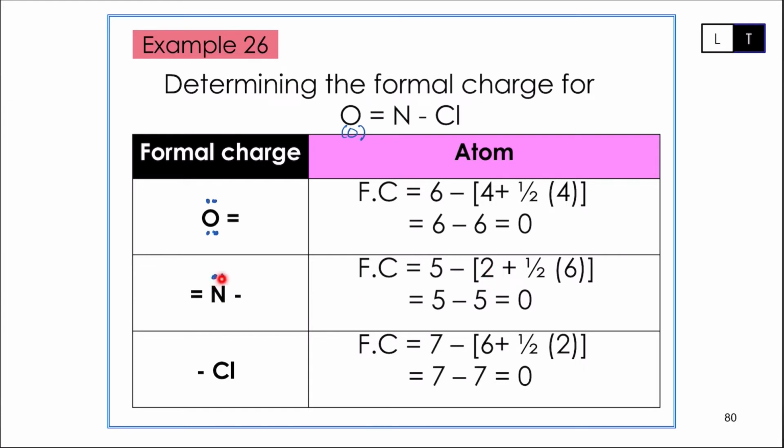Kita ada 2 electrons dalam lone pair plus half times 6 electrons for the bonding pair. 2, 4, 6. So, I got 0 for nitrogen. So, when I want to label, saya akan label on the structure. So, untuk nitrogen, saya akan label dalam kurungan 0 as well.